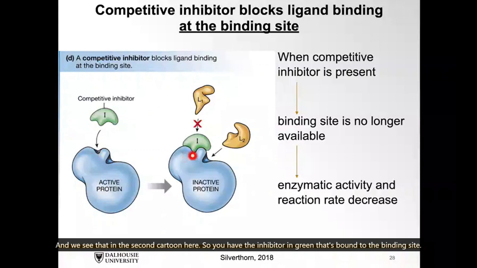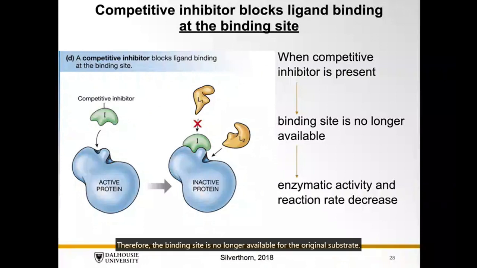And we see that on the second cartoon here, right? So you have the inhibitor in green that's bound to the binding site. Therefore, that binding site is no longer available for the original substrate. And as a result of this, the enzymatic activity and the reaction rate decrease.